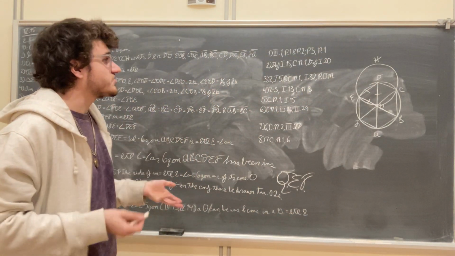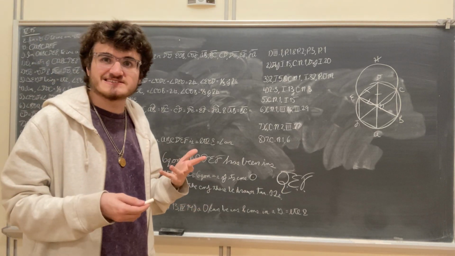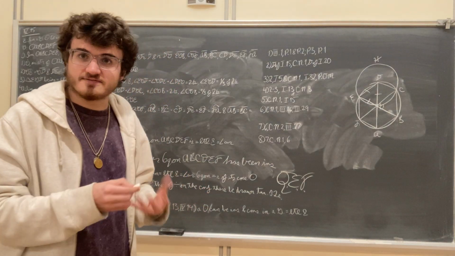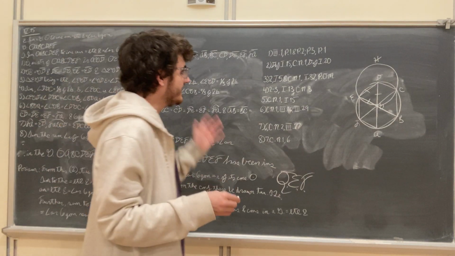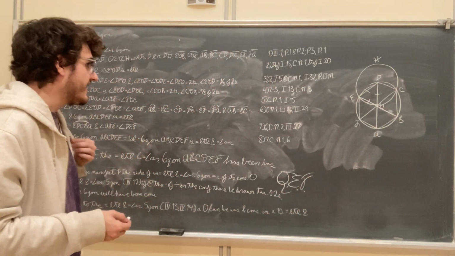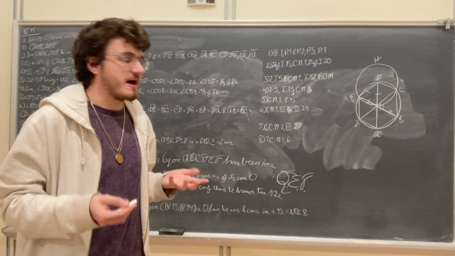Which means that the whole triangle DEG is equilateral because all of its sides are equal to each other. In definition 1.20, that's the definition of an equilateral triangle. This triangle DEG is evidently equilateral. Okay, now being equilateral, we know that it is also equiangular.